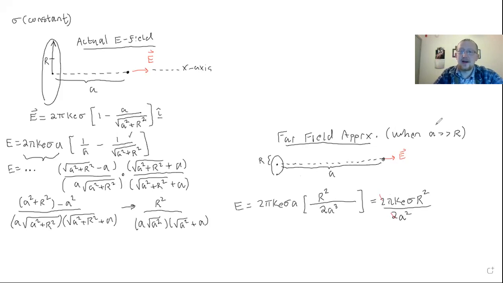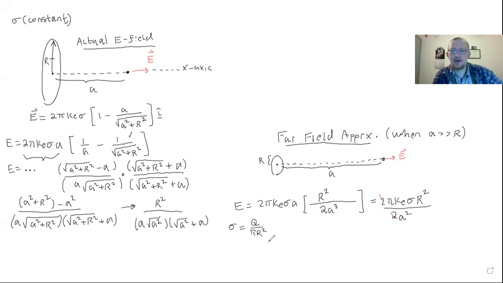And now is the final step to produce something that looks interesting and familiar to us, which is the whole reason that I decided I wanted to do this problem. Recall that sigma, the charge area density, is equal to the total charge of the object Q divided by the total area of the object, which in this case is pi big R squared.